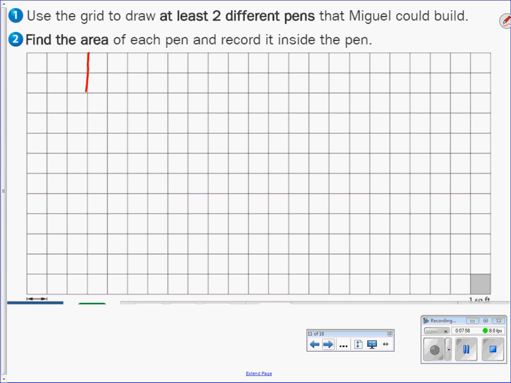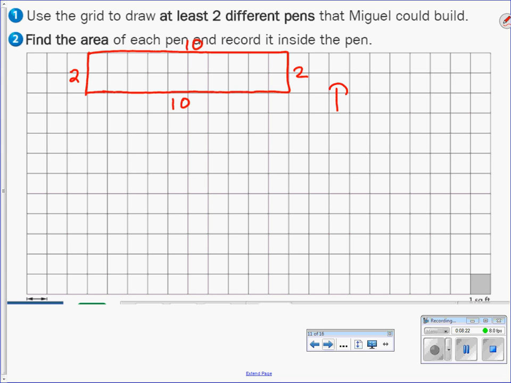So 1, 2, and then if I do 2 on the other side, that's 4. So I have 20 left, so that's going to be 10 on each side. 1, 2, 3, 4, 5, 6, 7, 8, 9, 10. Okay, so I have 2 here, 10, 2, and 10.